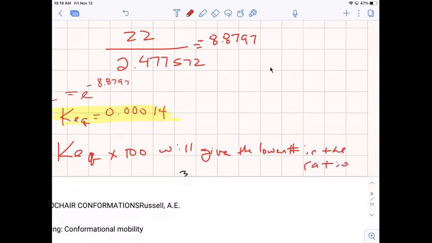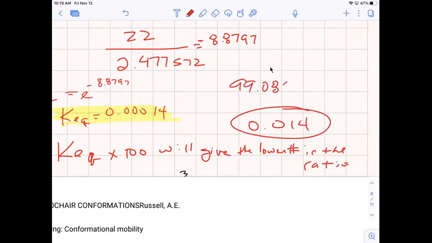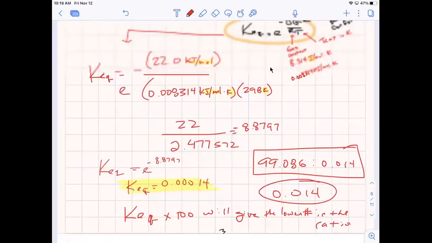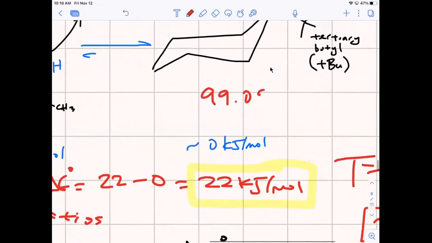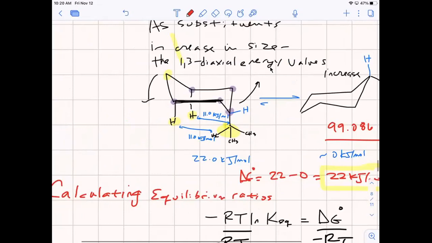If I multiply that by 100, what am I going to get? 0.014. So the ratio is going to be 99.986 to 0.014. That's how much of this isomer exists compared to the other one at room temperature.